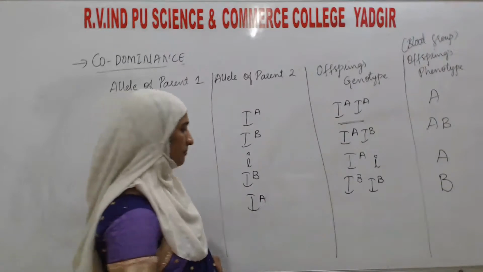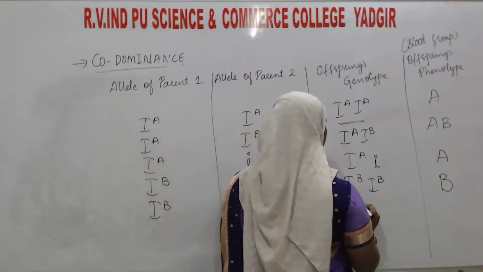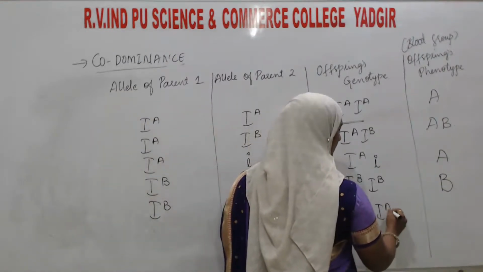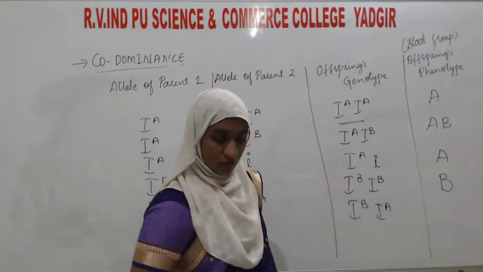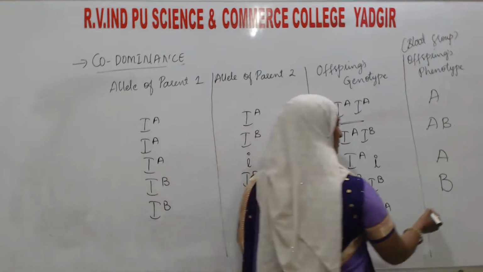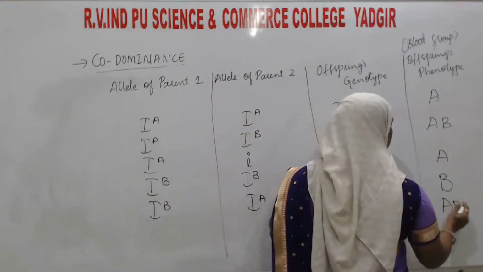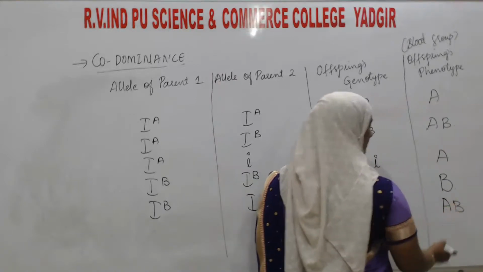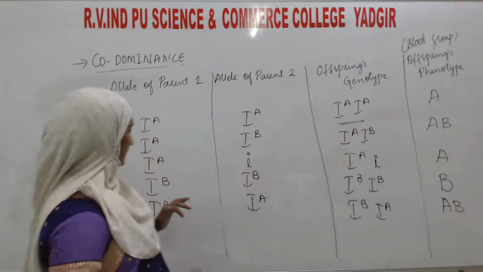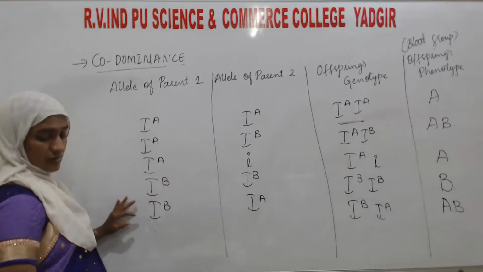Offspring's genotype IB IA. What will be the blood group? AB. Next one more.